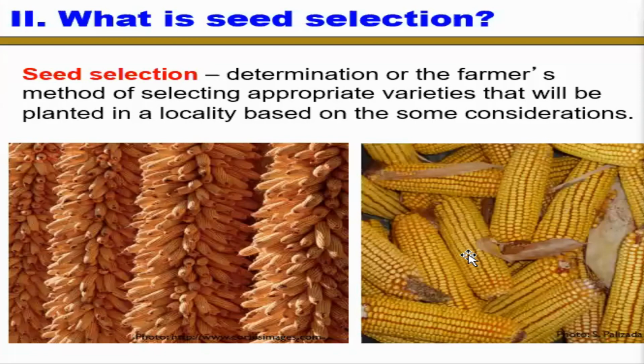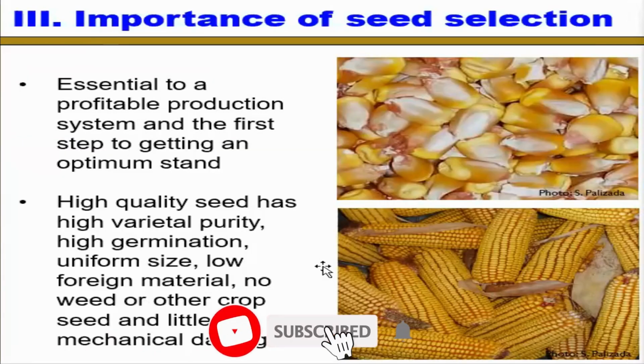It is a tool, because some of the varieties of corn are made locally based on some considerations. This is location specific. You can find some varieties of corn that will be planted in high elevation, lower elevation, and different locational sites. And we have also the importance of seed selection.